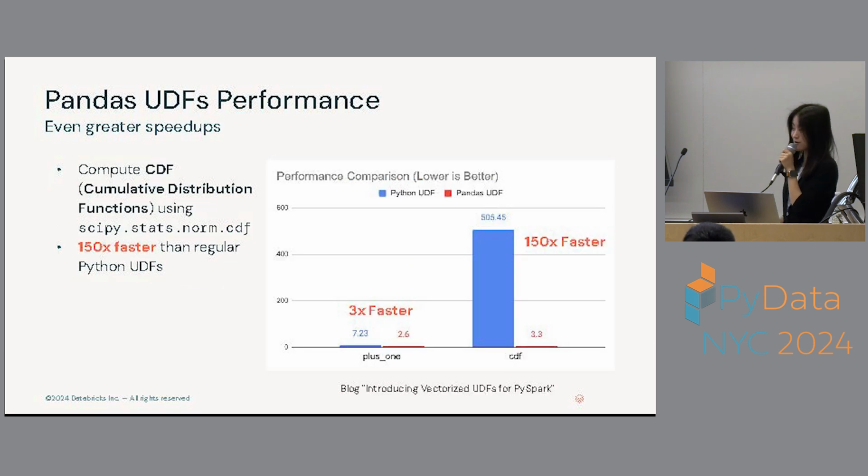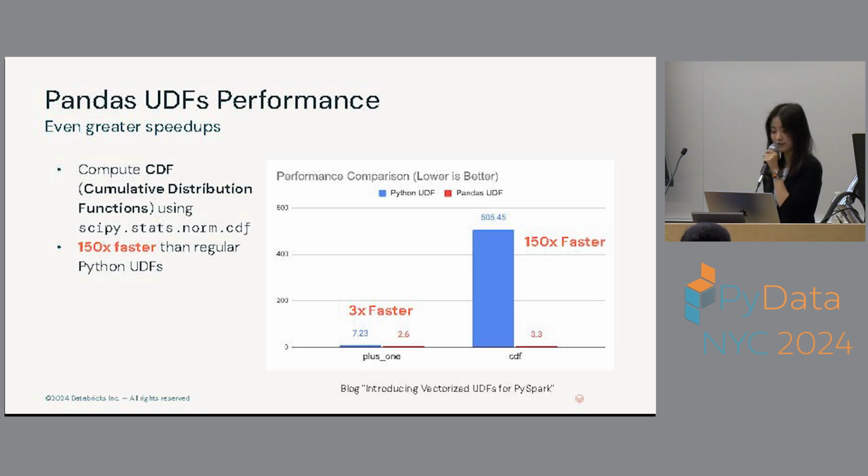But the +1 function that we saw earlier was just a very simple example. So now let's take a look at a more complex case. Suppose we're calculating the cumulative distribution function, or CDF. Here we're directly using the SciPy library, and this graph shows a huge performance difference.